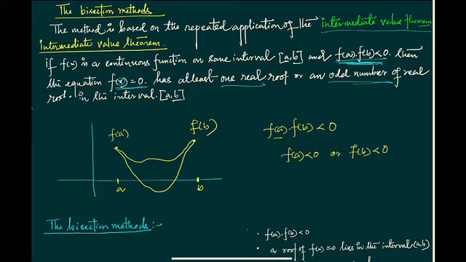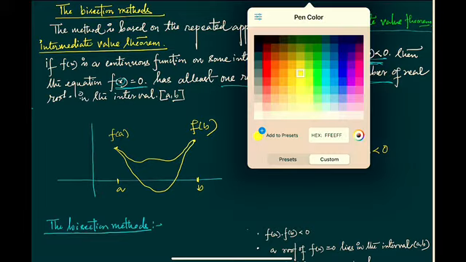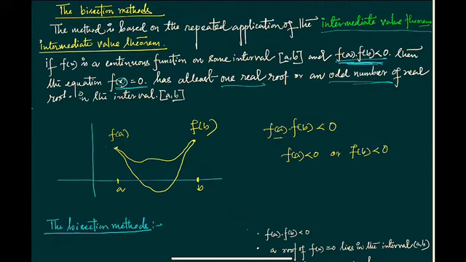Root exists means that when we draw a graph from f of a to f of b, it has to cross the x-axis. So f of a and f of b must be on opposite sides of the x-axis, then only can we say that the real root will exist.